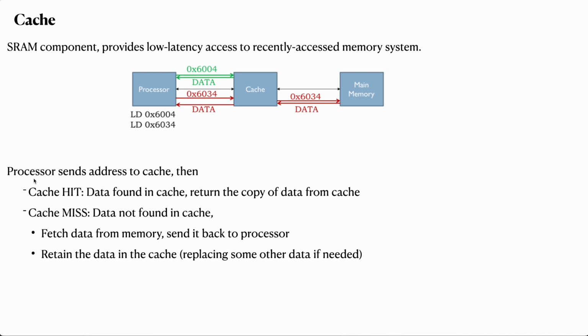If the processor sends an address to the cache and the data is found in the cache, it will return the copy of data from the cache directly, which is called a cache hit, and this usually takes less time. If the data is not found in the cache, then it will go to the main memory to fetch the data and send it back to the processor. It will also retain the data in the cache. This process will be slower as it goes to the main memory.